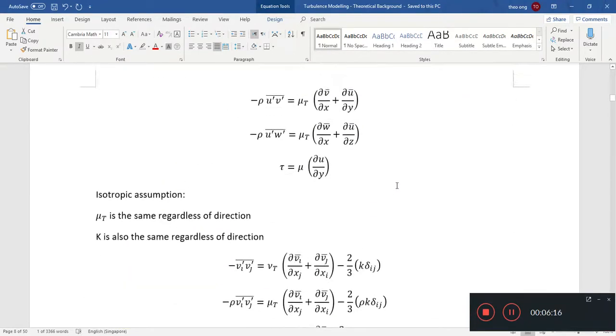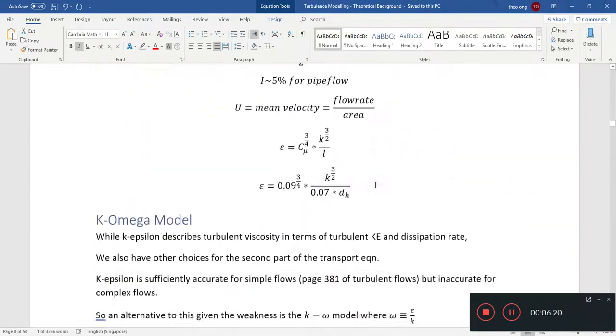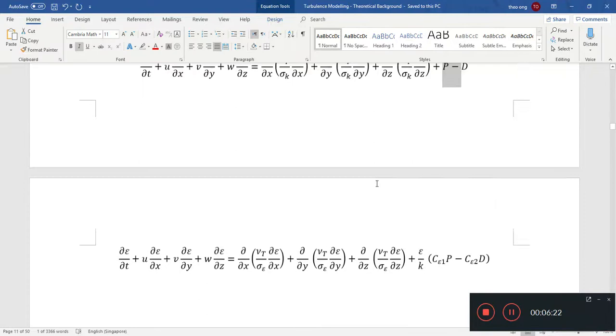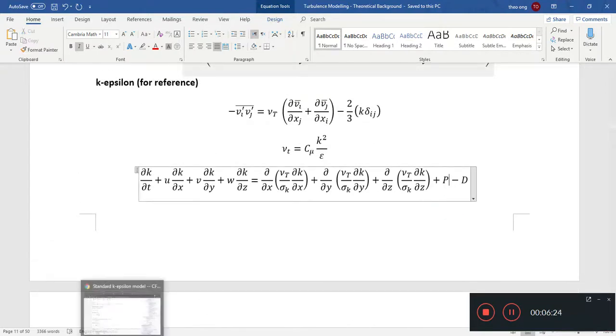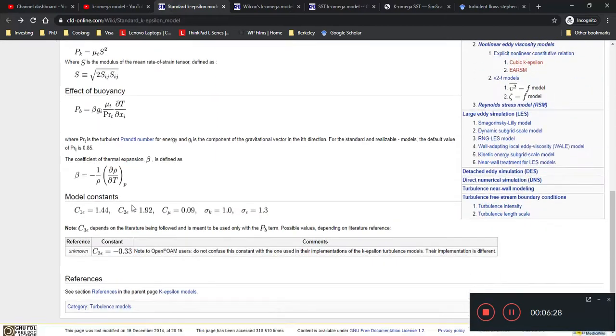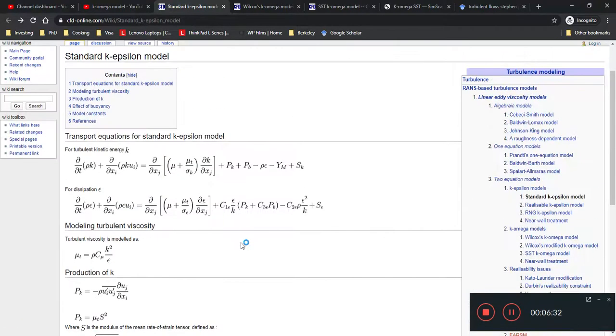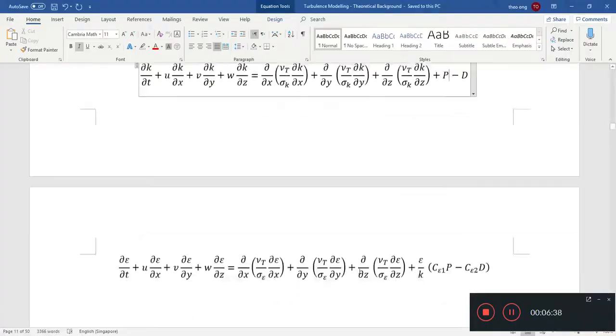I didn't put it there, never mind. Just to make it more complete, let's go to this. So sigma k is 1.0. You see there's a sigma k here. Sigma k is 1.0.